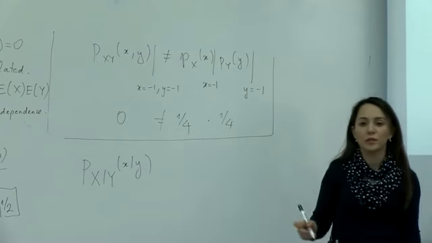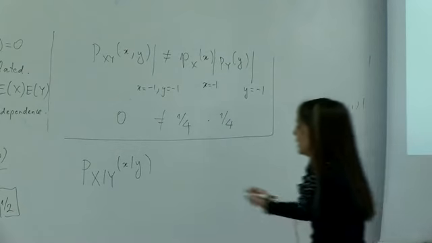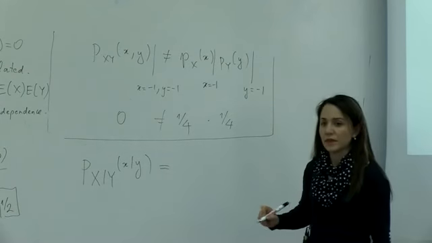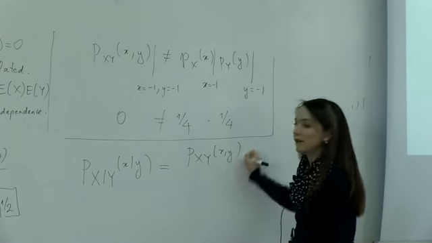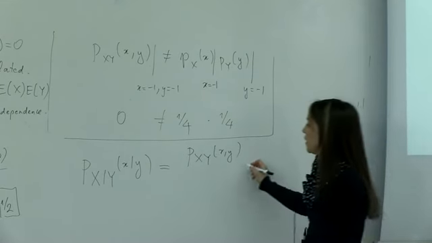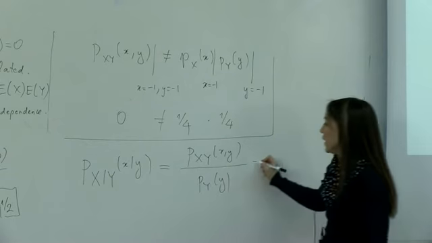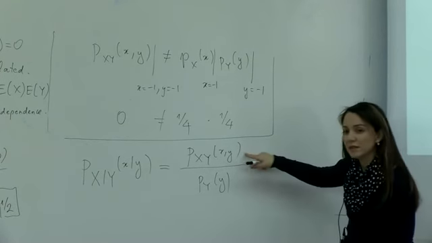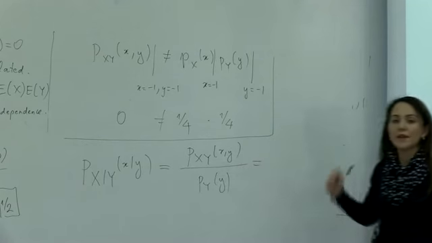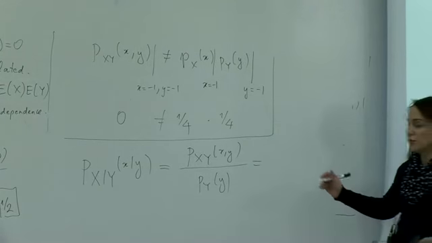This is the conditional PMF of x given y. Now, by definition, this is Pxy, x y, divided by what? Py of y. Now, when x and y are independent, this numerator breaks down into a product. Product of what and what?